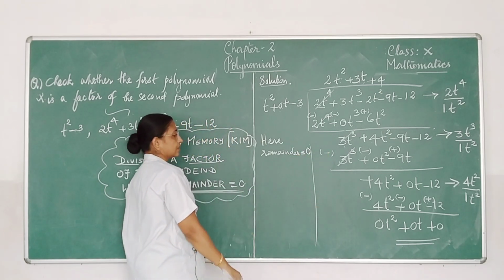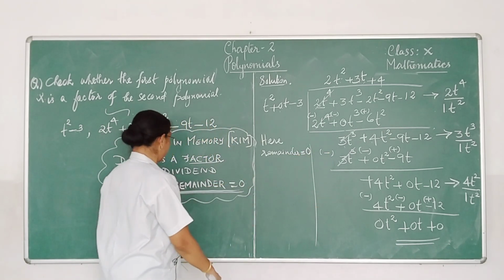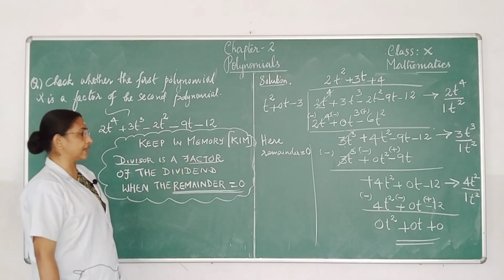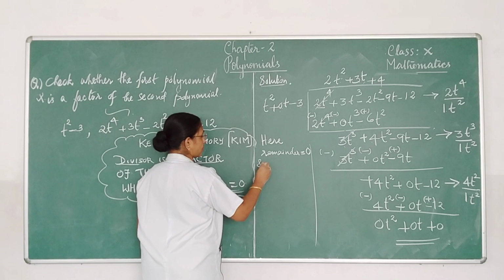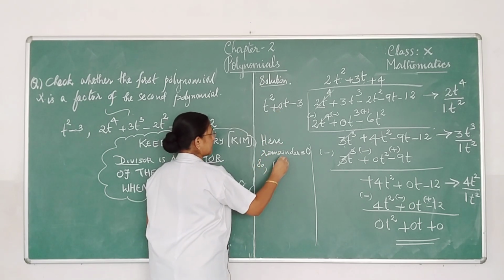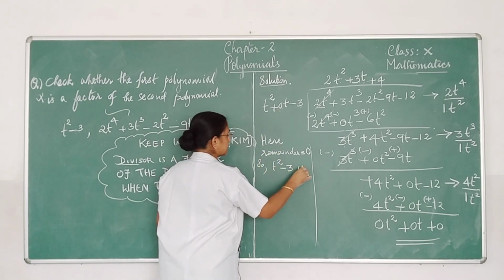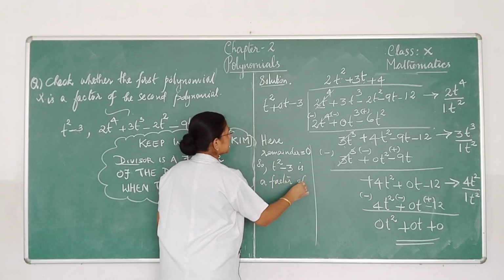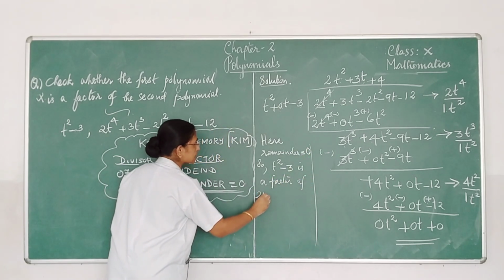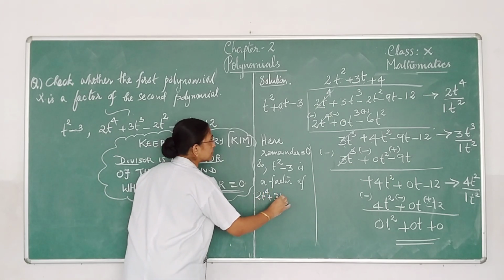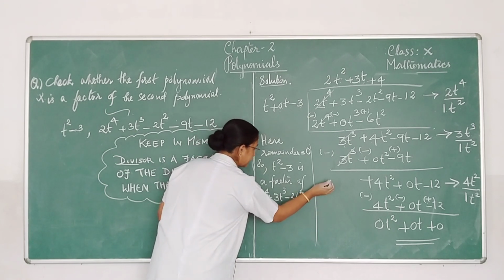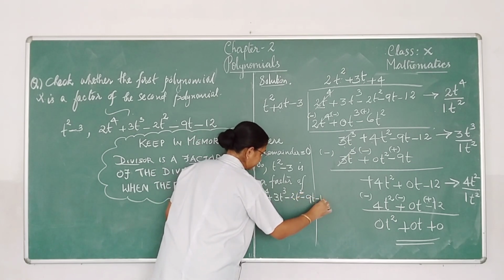The remainder is 0, what can you say? The divisor is a factor of the dividend. So the divisor t square minus 3 is a factor of the dividend 2t raised to 4 plus 3t cube minus 2t square minus 9t minus 2.